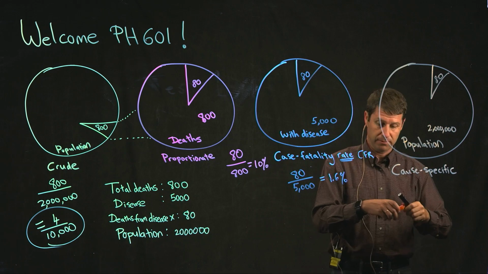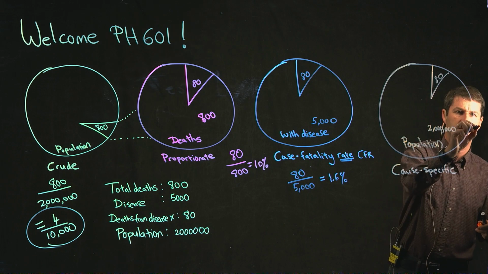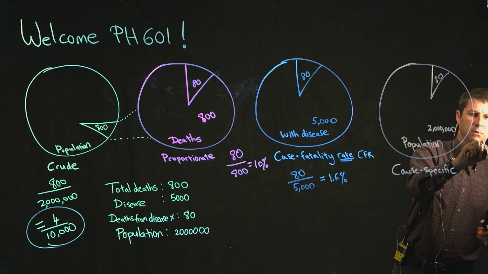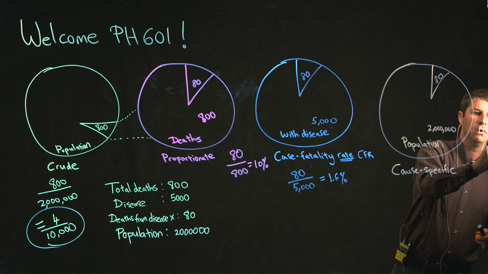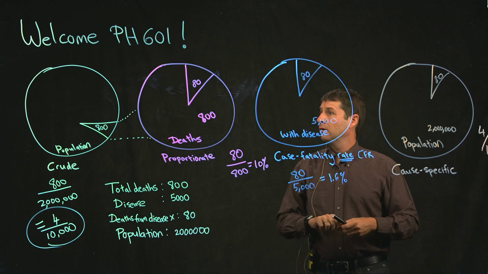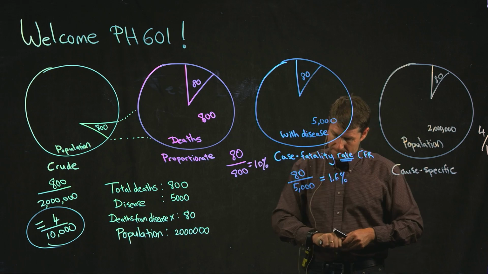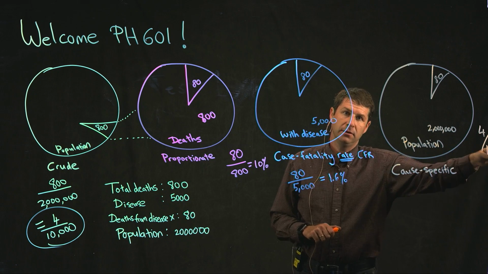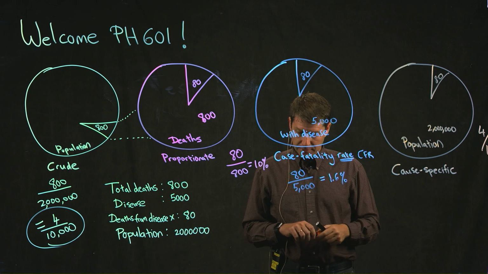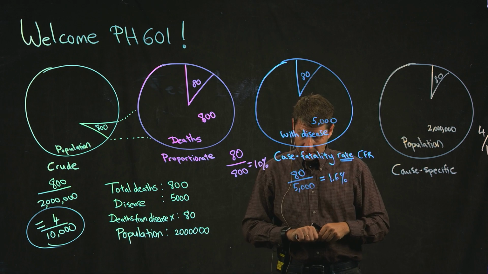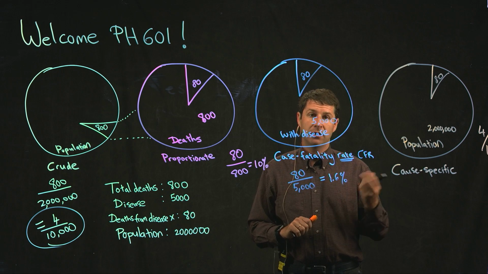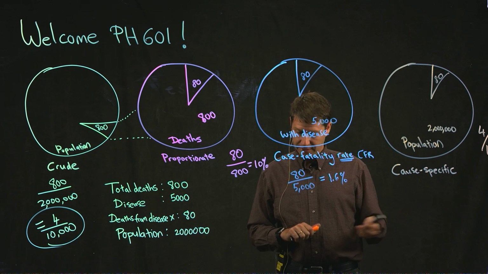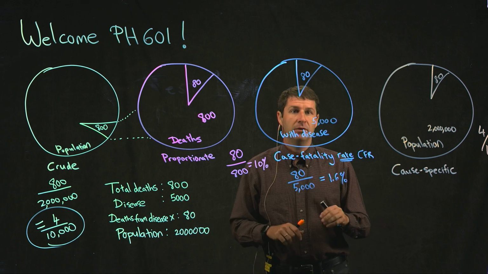It's just going to be 4 per 100,000. So very few people are affected by this disease per number of people in this population. So that's how we calculate the various death rates. We can get into other rates like age-specific death rates, but we'll stop there for now.